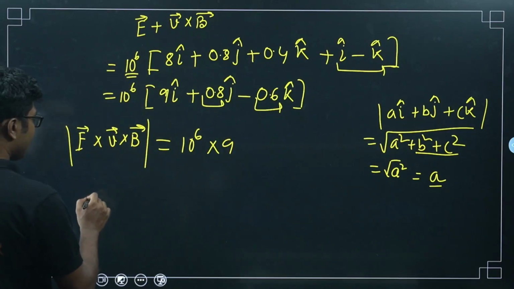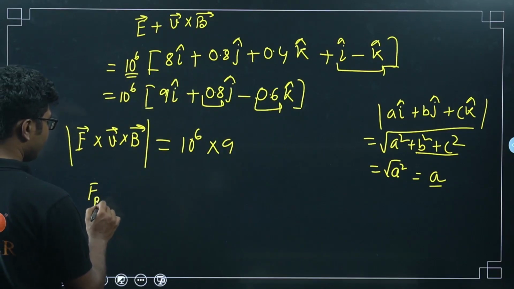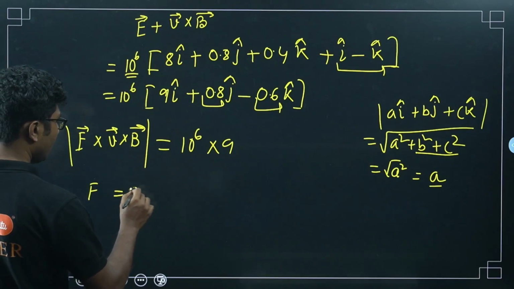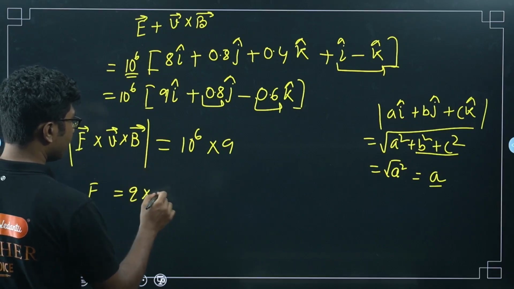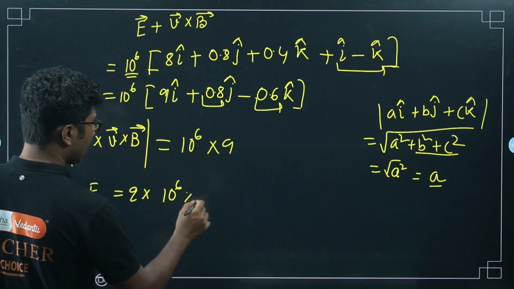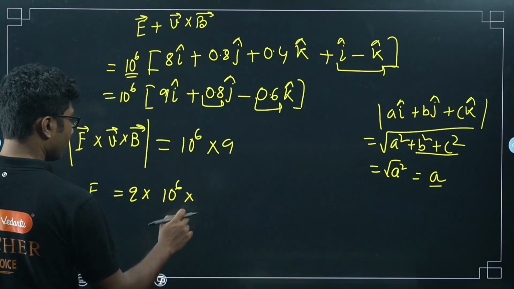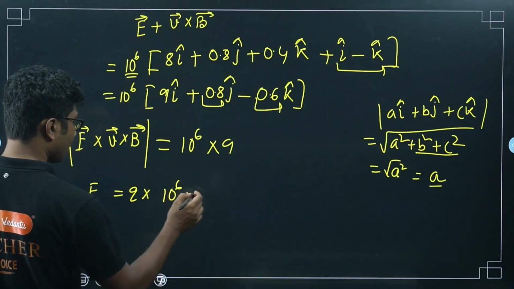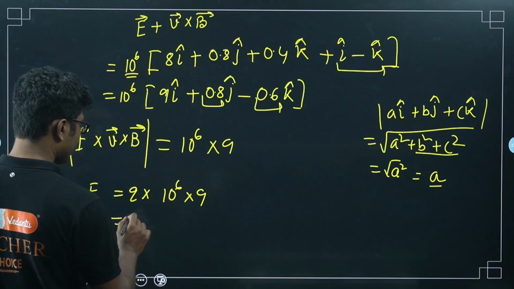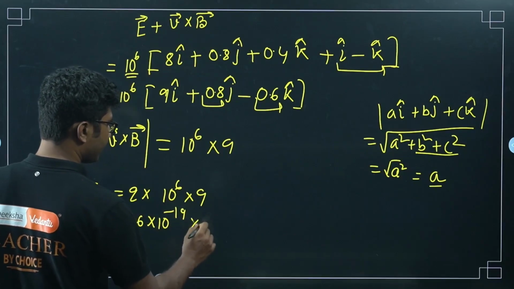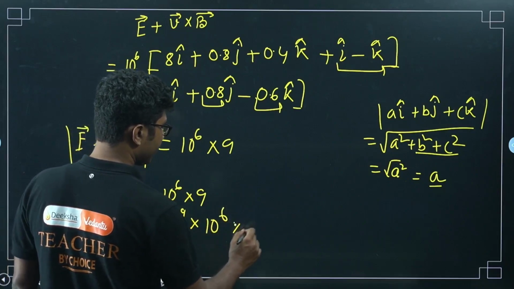Now what was the magnetic force? What is the Lorentz force? Lorentz force was given by Q times this value, that is 10 to the power of 6 times 9, and that is the proton. Proton was given. So what is the charge of a proton? Charge of a proton is 1.6 times 10 to the power of minus 19 times 10 to the power of 6 times 9.